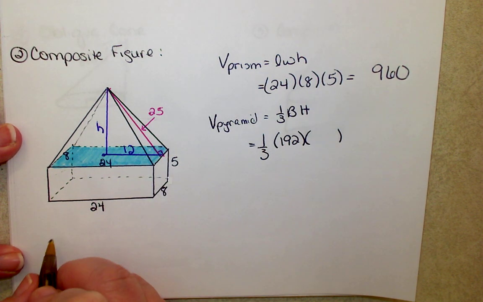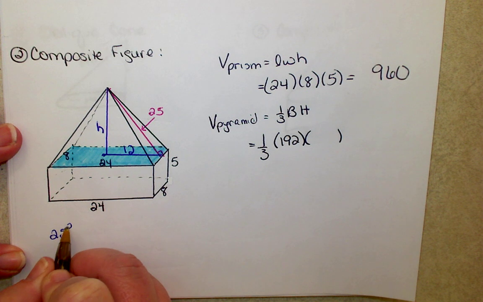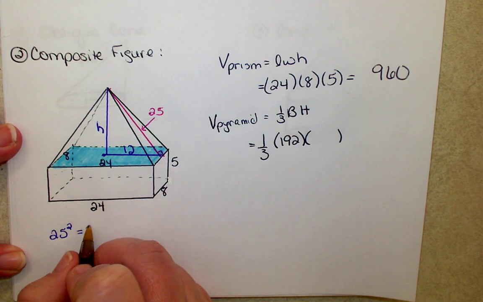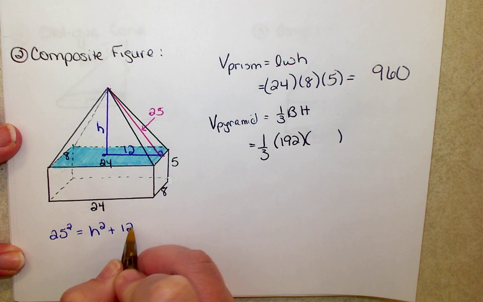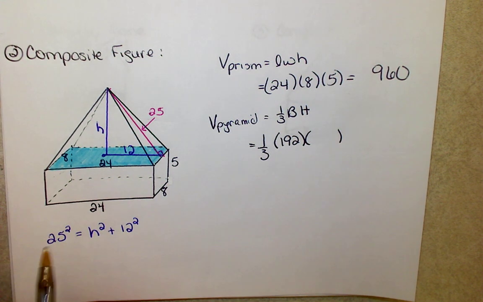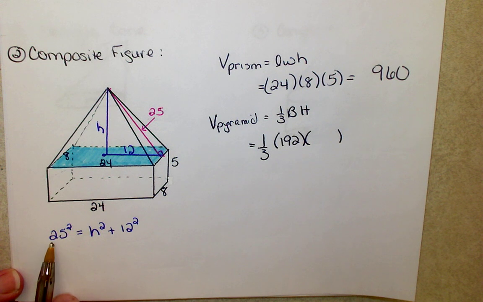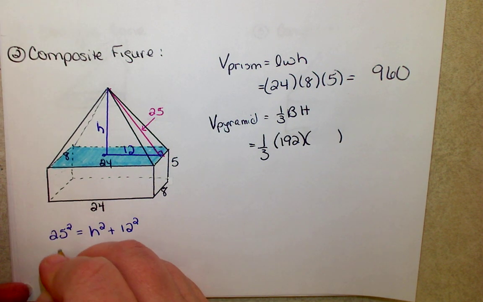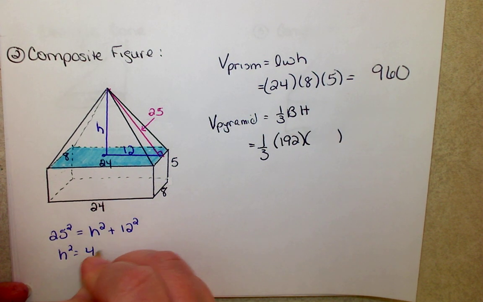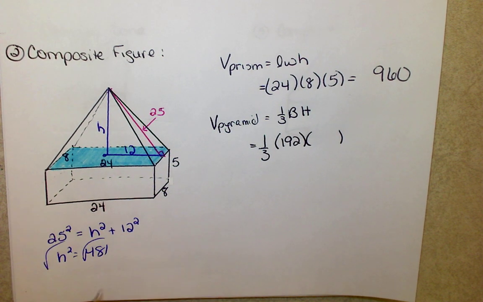So I'm going to do my hypotenuse, 25 squared, is equal to my height squared plus my apothem squared. And this is what, 625 and 144? So let's see, 625 minus 144 gives us 481. So we get h squared equals 481. Taking the square root.